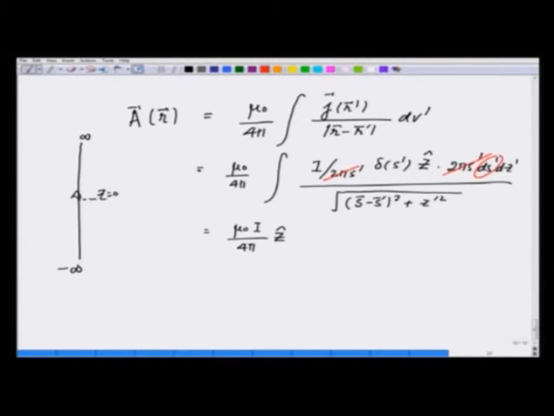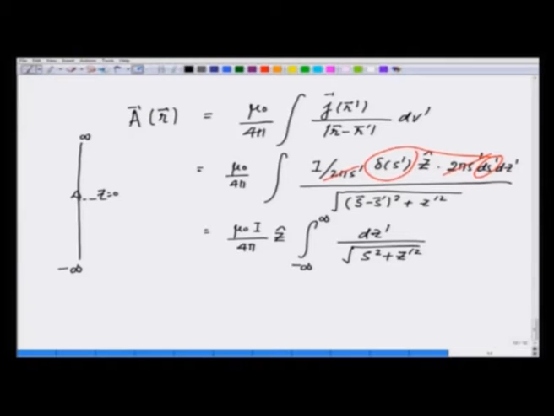This delta s prime with delta s prime here gives me s prime equal to 0. So, I am left with integral minus infinity to infinity dz prime over the square root of s squared plus z prime squared.